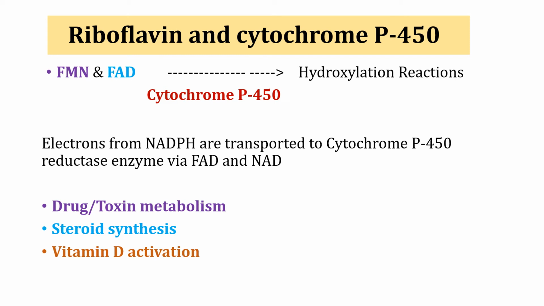Now cytochrome P450 has important roles in xenobiotic metabolism, steroid synthesis, vitamin D activation and immune reactions like phagocytosis. So this is how FMN and FAD are also required by cytochrome P450 dependent enzymes.